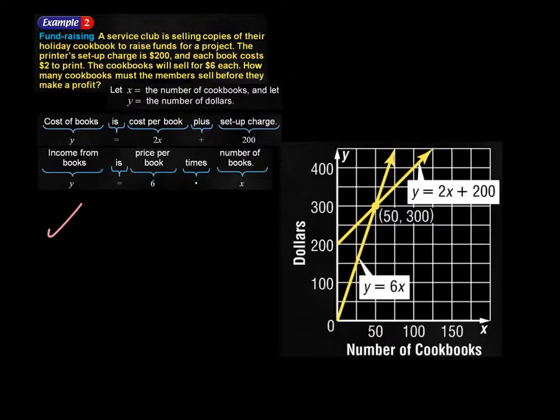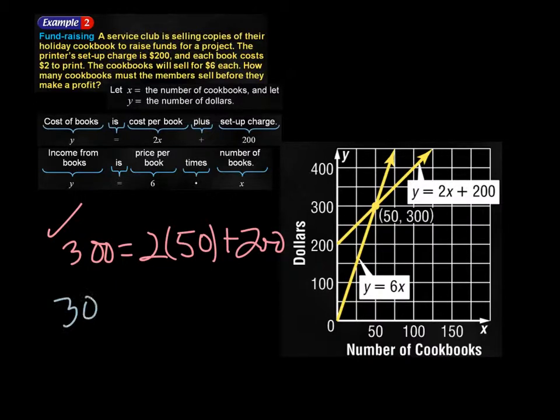Now to check, we're going to take the first equation and see if it works. Does 300 equal 2 times 50 plus 200? Sure enough, 100 plus 200 is 300. And in the second equation, does 300 equal 6 times x, where x is 50?